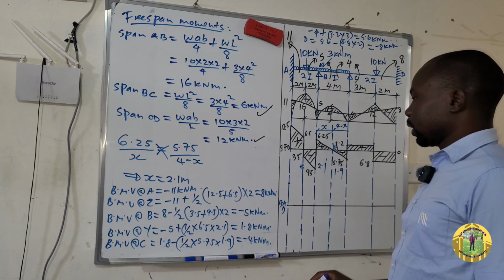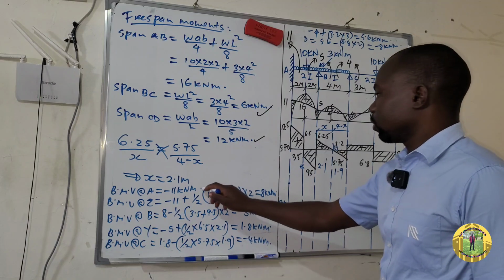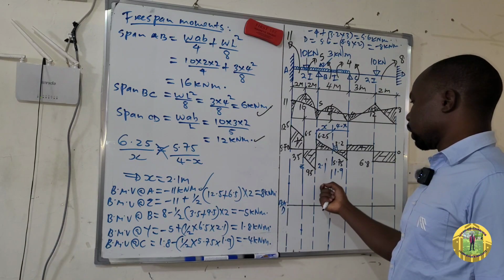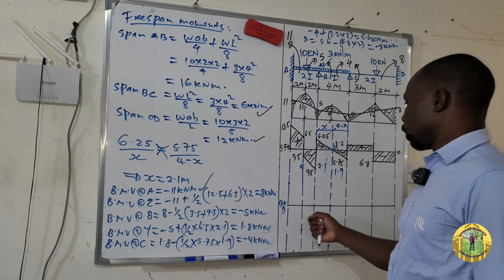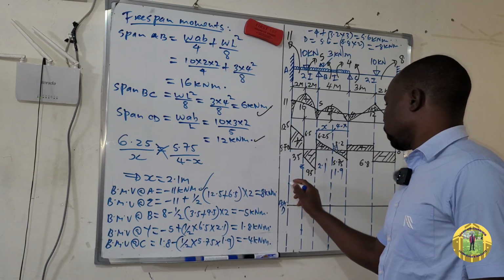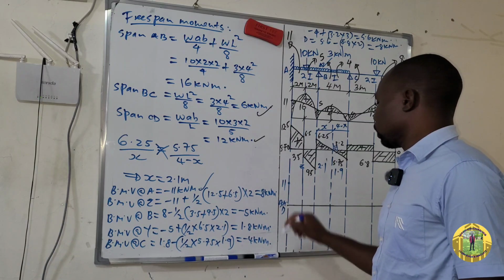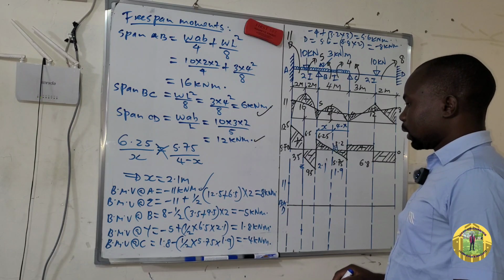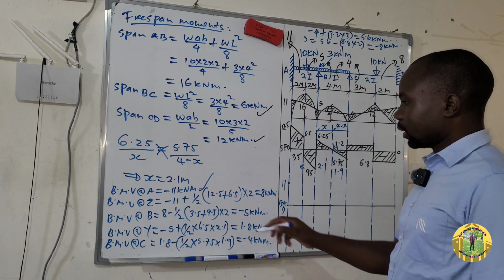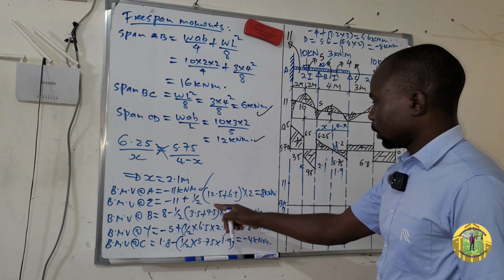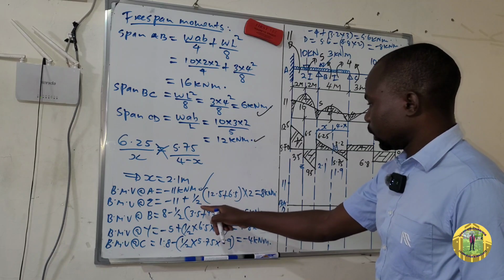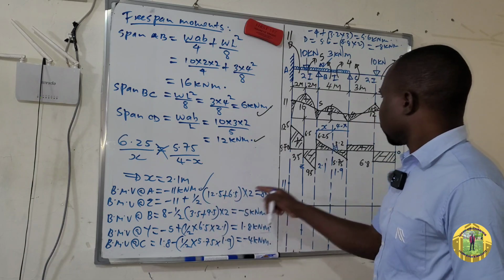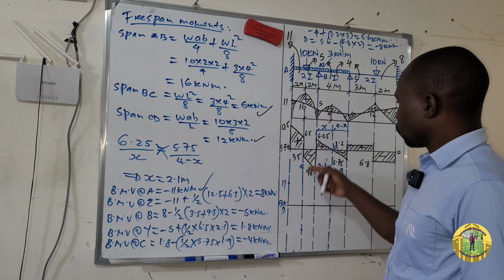So we'll start at A. At A we have negative 11. And remember, above this baseline is negative, below is positive. So negative 11, somewhere like here, like that. And then you come to bending moment at Z, at this point, where 10 kilonewton is.